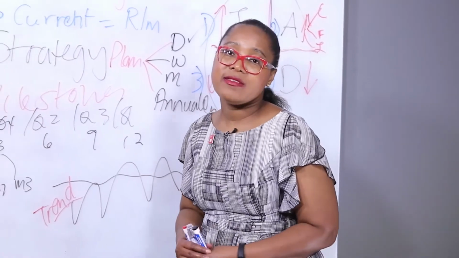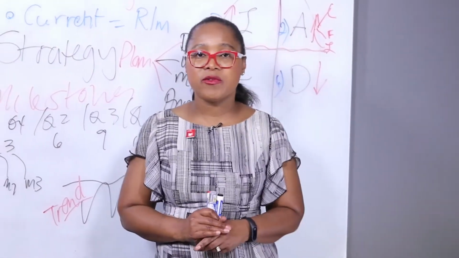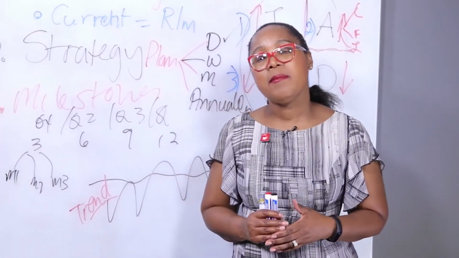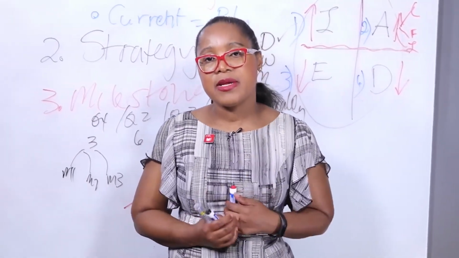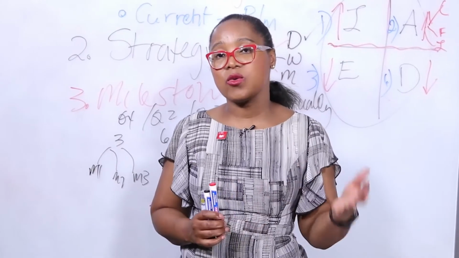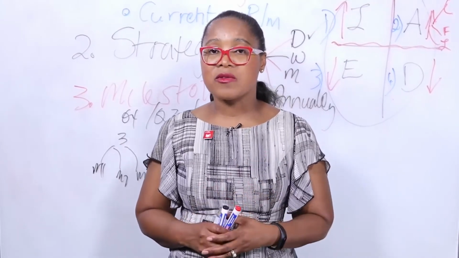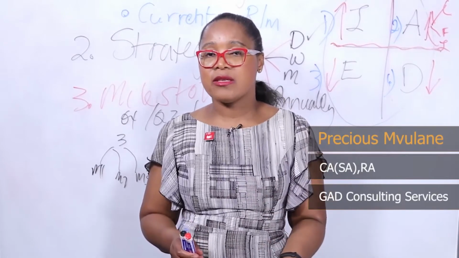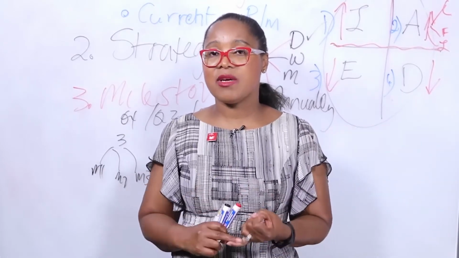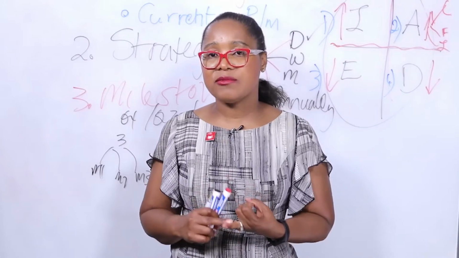I hope you understand those basic principles that you have picked up on how to set up your management accounts. The management accounts are as good as your books. Garbage in, garbage out. So you're going to need to make sure that your source documents are kept up to date. Things are being captured on time.